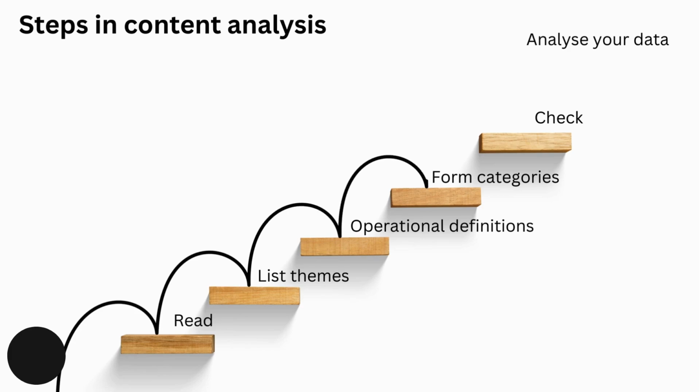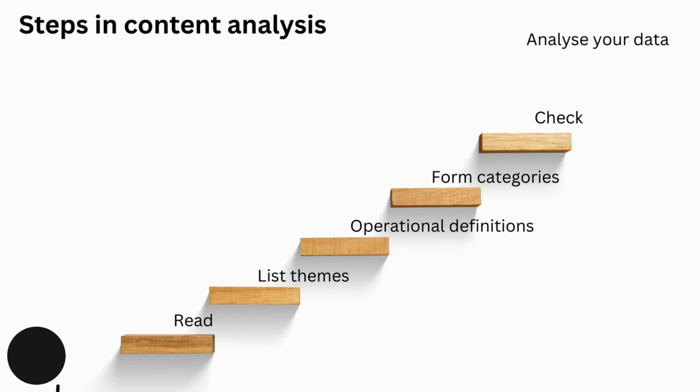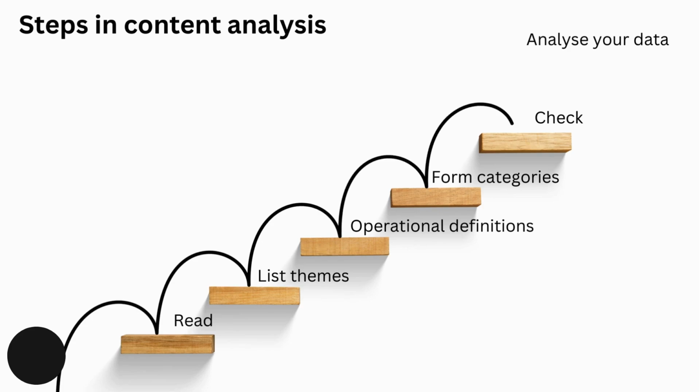Once we've got the categories, we're going to check that data against the literature and make the necessary links between the findings and the literature to allow us to tell a story and see whether we can answer the research questions that we started off with.